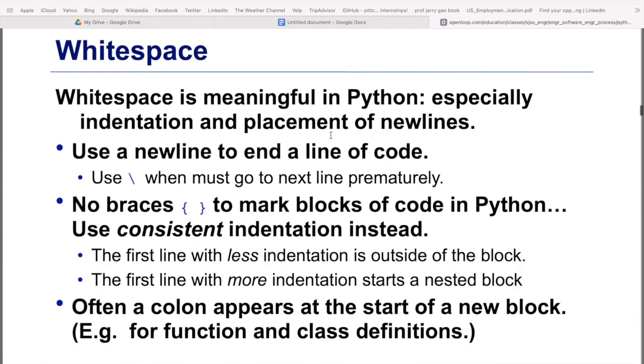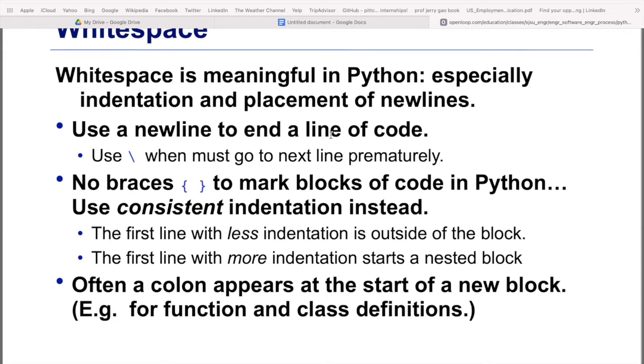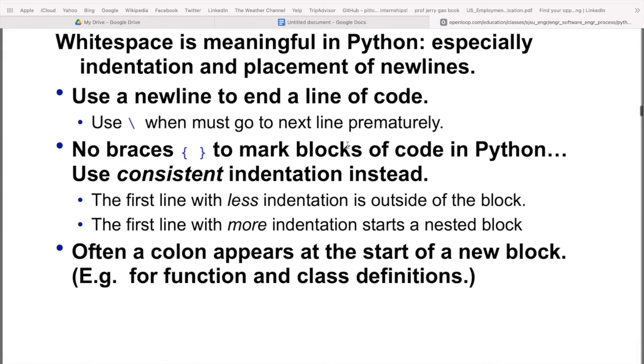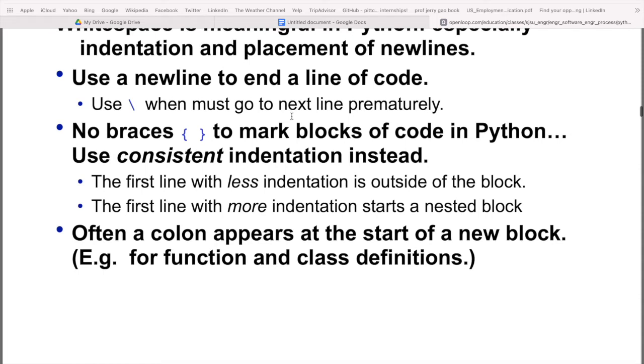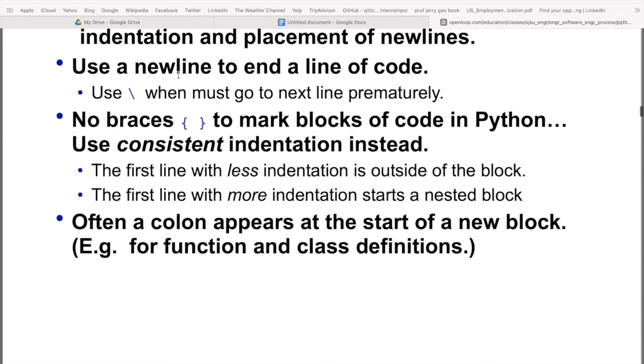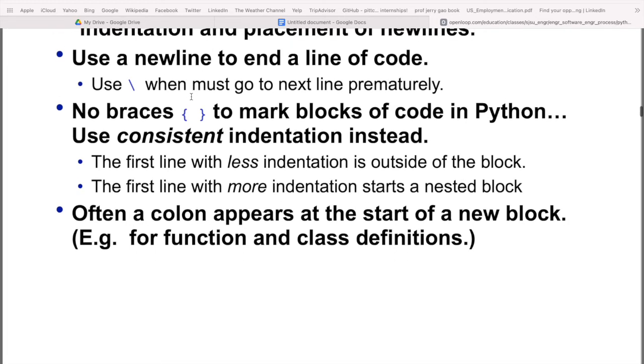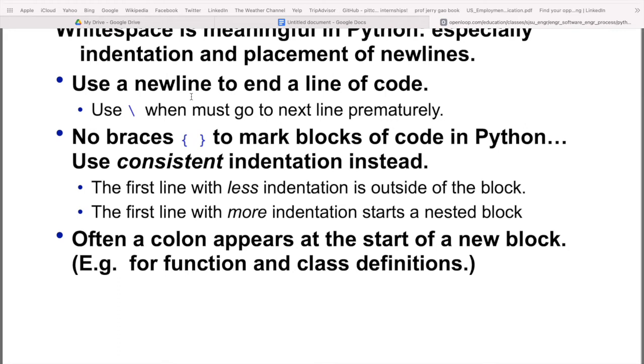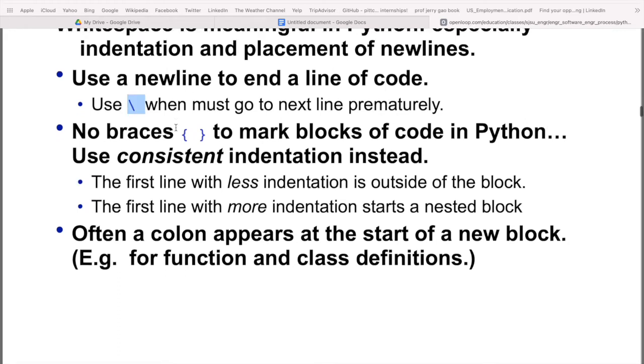Now white space is meaningful, indentation is very much important when we are writing code in Python. A new line is used to end a line of code, hash is used to write a comment, and whenever we are adding a new line, we use this backslash.